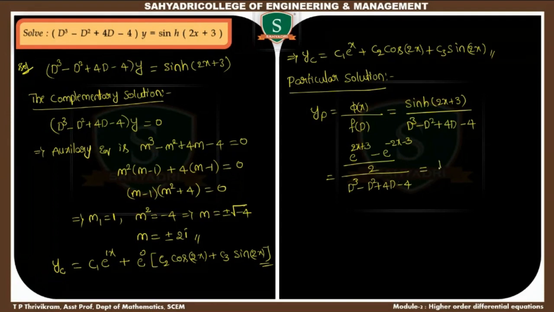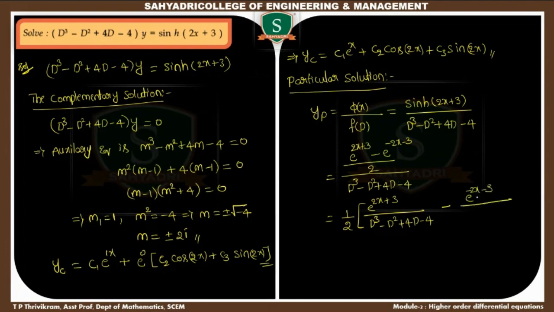So this is 1 by 2 into e power 2x plus 3 divided by d cube minus d square plus 4d minus 4, minus e power minus 2x minus 3 divided by d cube minus d square plus 4d minus 4.